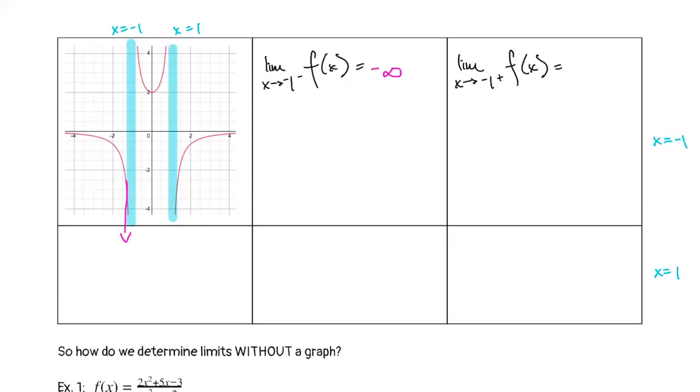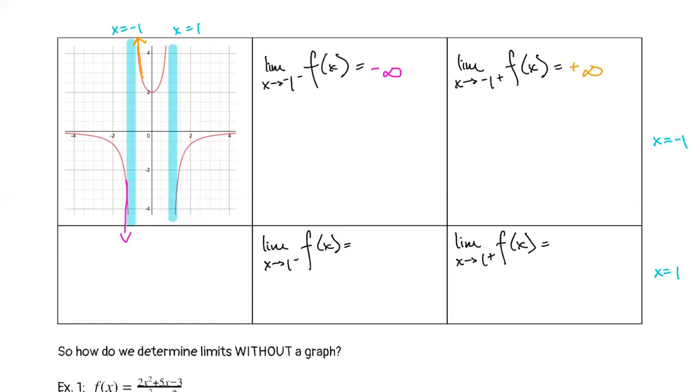Okay. And what about when we approach that vertical asymptote from the right-hand side? What y value does that get really close to? Right, so this, like last time, is going up to +infinity, okay? Now let's look at the other vertical asymptote. Okay, so we've got the little negative sign to mean coming from the left and a little plus sign to mean coming from the right.